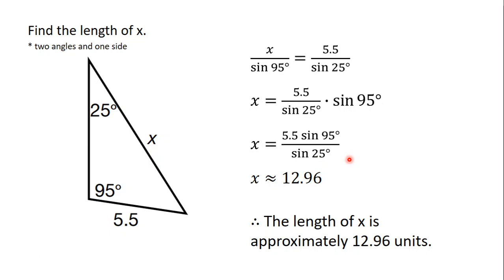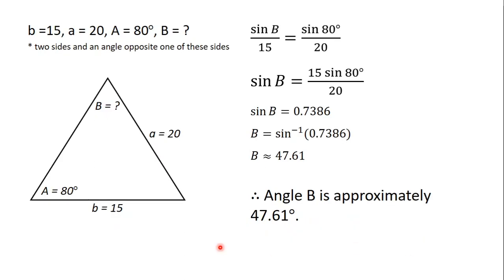By using our calculator, we get the approximate value of x as 12.96. Therefore, the length of x is approximately 12.96 units. We use the word units because there is no unit of measurement stated. Let's proceed to our next example.